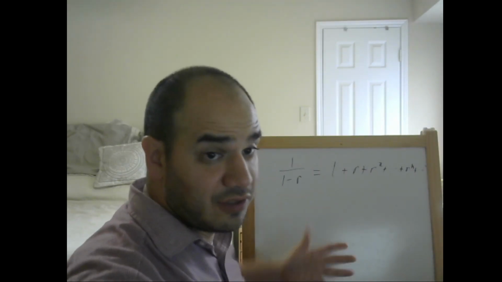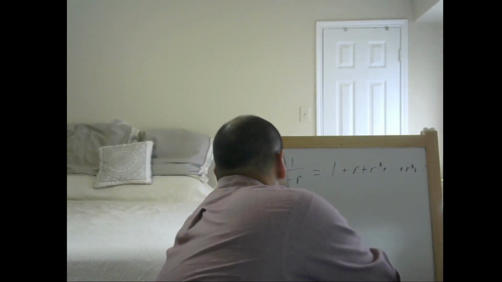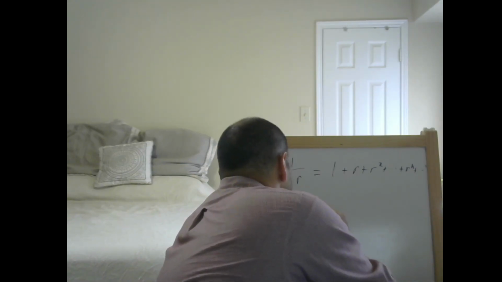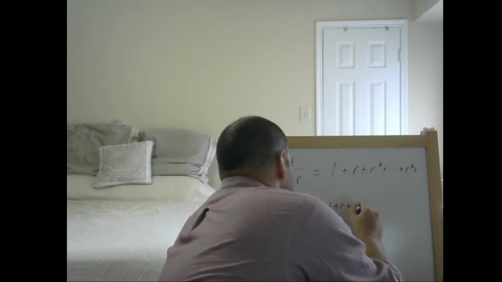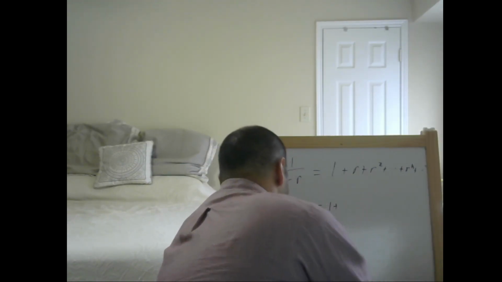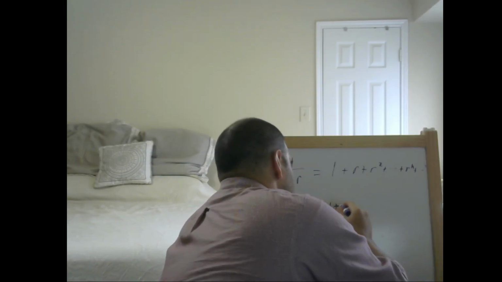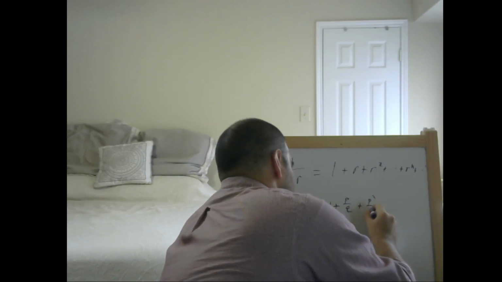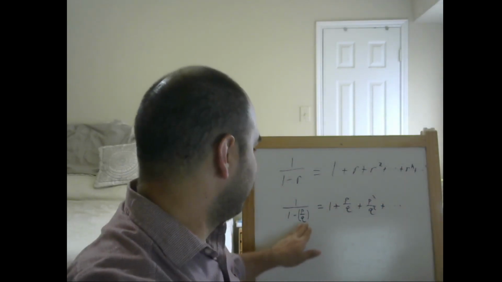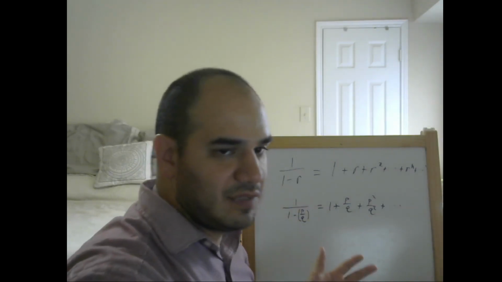And so, again, r is written as some ratio, p over q. But p and q can be any numbers that we want.